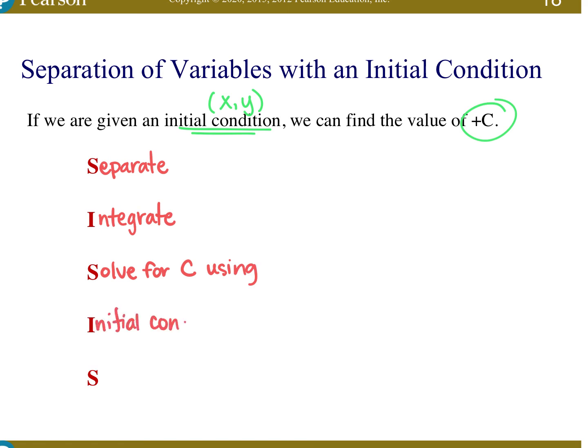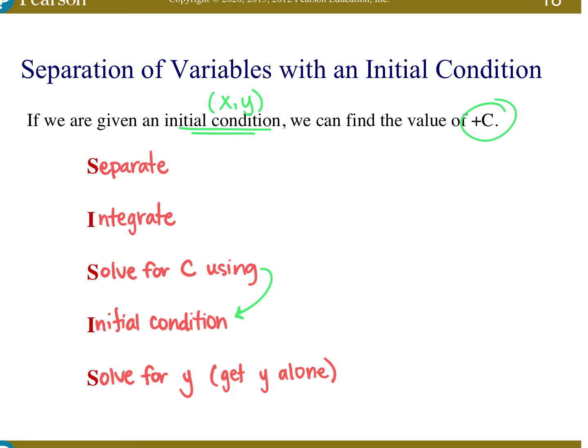So these two steps go together: solve for c using the initial condition. And after you've solved for c, our last step is going to be solve for y. And solving for y means get y alone, so that the solution looks like y equals blank, blank, blank. We always want y alone at the end.